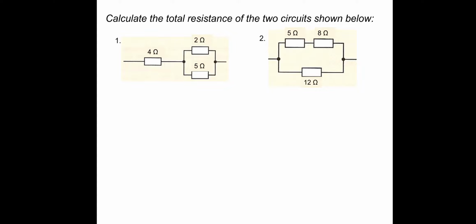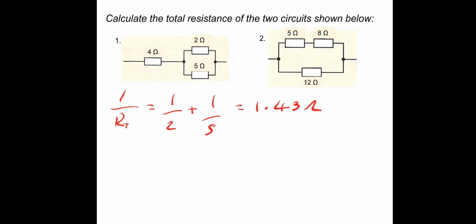So the first one, let's deal with the parallel combination first, the 2 and the 5. So 1 over the total resistance is equal to 1 over 2 plus 1 over 5. Put that in your calculator and then do the reciprocal. The answer to the parallel section is 1.43 ohms.